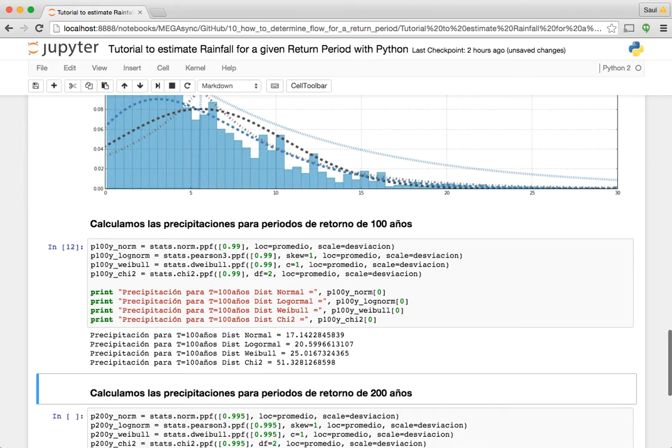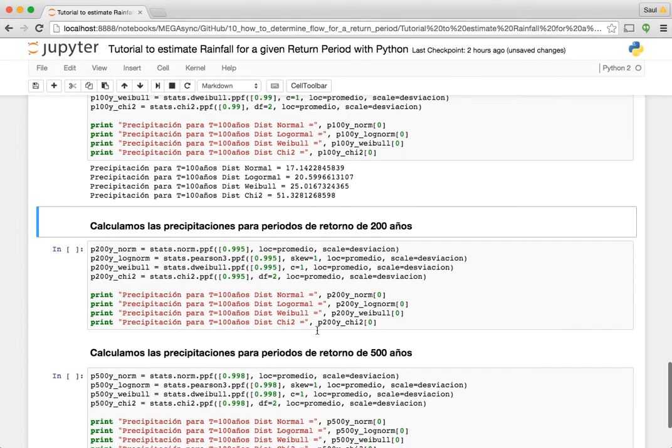Chi-square is giving us the highest value, while the normal distribution gives us the lowest. Our best approach is to use this log normal distribution, okay, and it is supported by some recommendations in the literature.